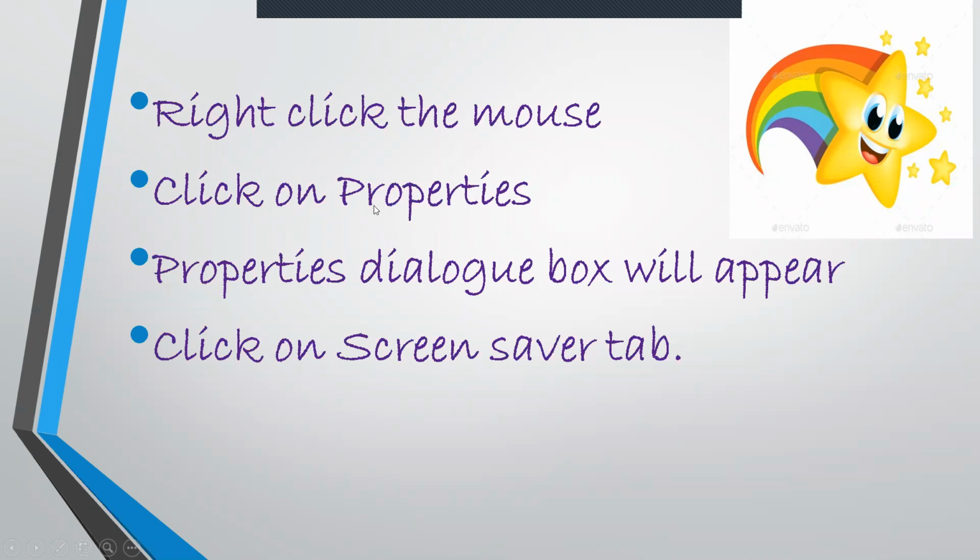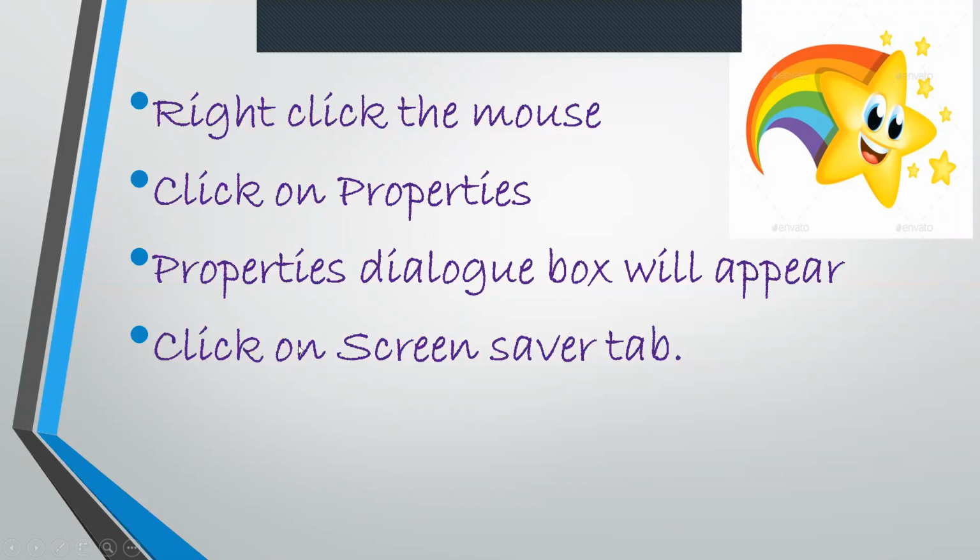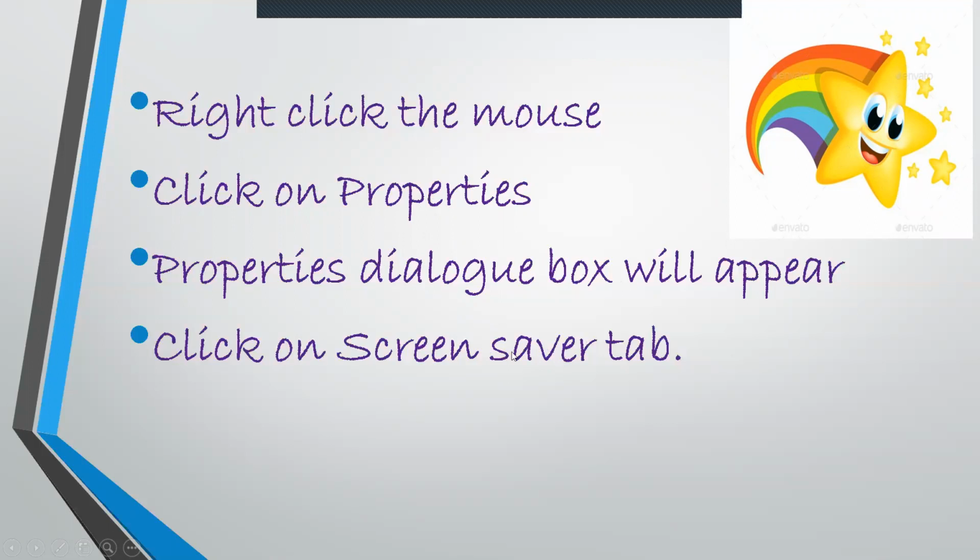I told you personalize because I am using Windows 10, but in Windows XP you have to click on properties. Then the properties dialog box will appear. That is the same thing. And then the rest is all the same: time setting, and whichever design you want.